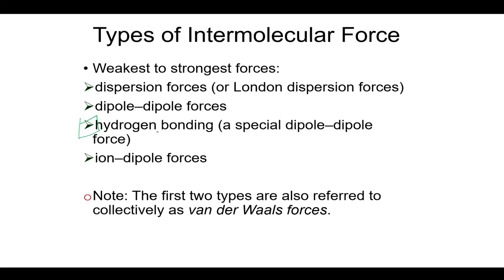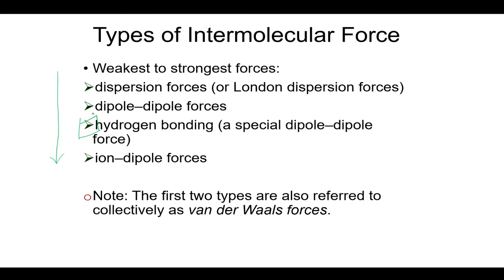These are the different types of intermolecular forces, weakest to strongest: dispersion, dipole-dipole, hydrogen bonding, which we sort of hinted at today, and ion-dipole forces. And so as you go from top to bottom, these get stronger.